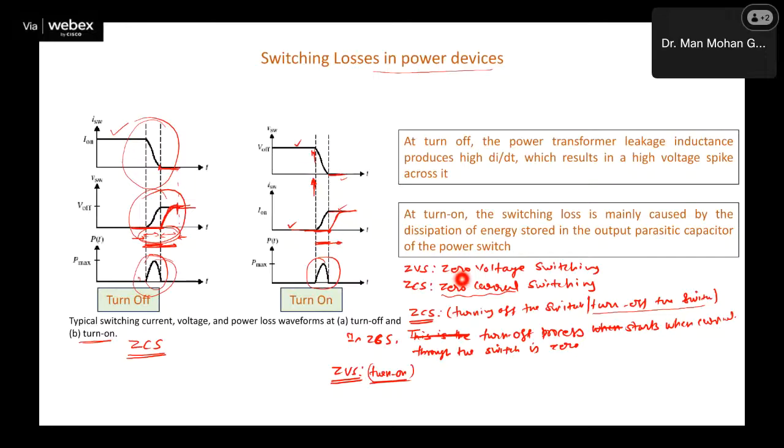We can ask this fellow to wait for some time, but this voltage is already high, so we cannot reduce it suddenly to zero. So we must wait for it to reduce to zero as soon as possible, and only then can we start it. So this is called zero voltage switching.